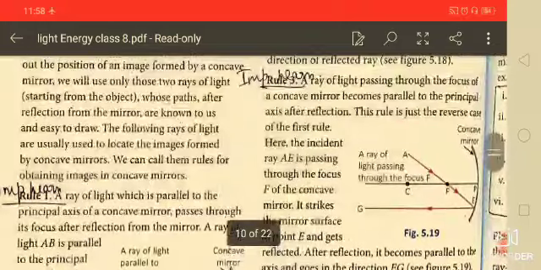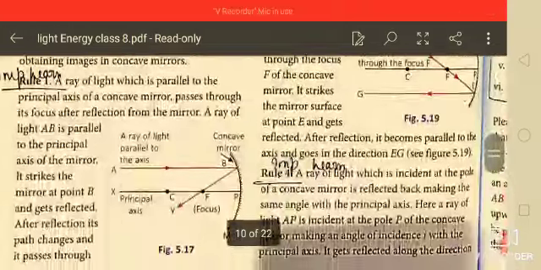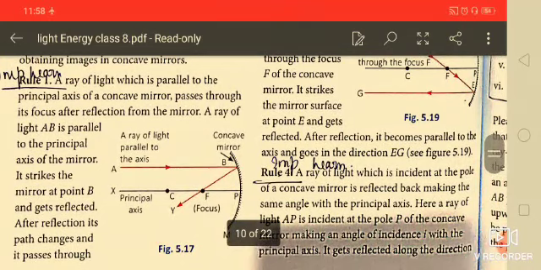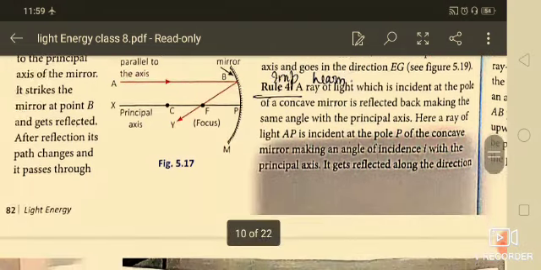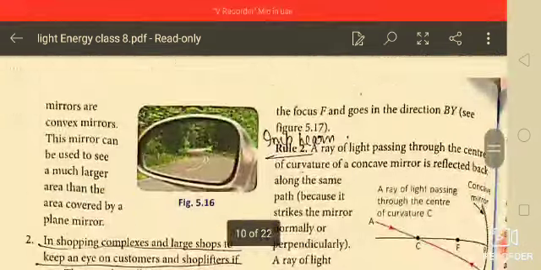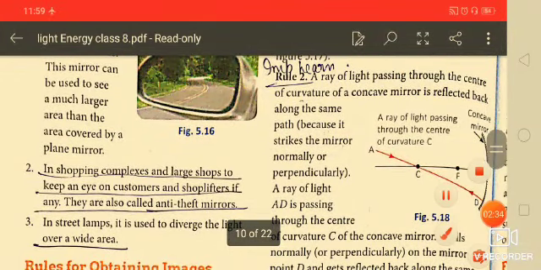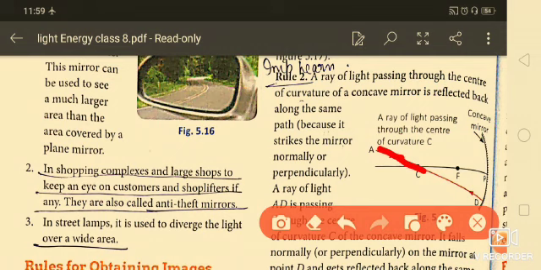Next one is rules for obtaining images formed by concave mirrors. Students, what rules are there? The first one is rule 1: a ray of light which is parallel to the principal axis will move through the focus. And the second rule: if the ray moves through the center of curvature, coming from infinity, it will come through the center of curvature.